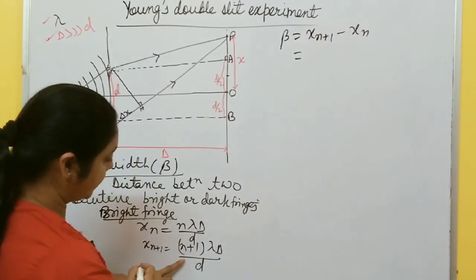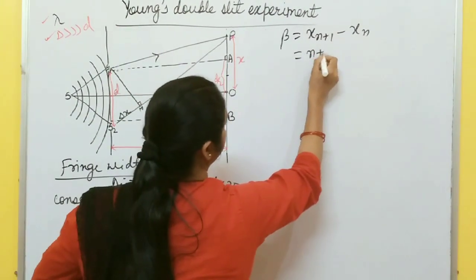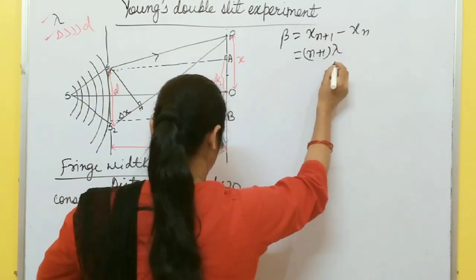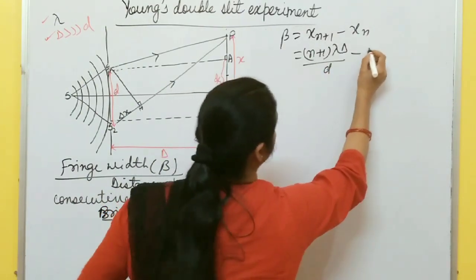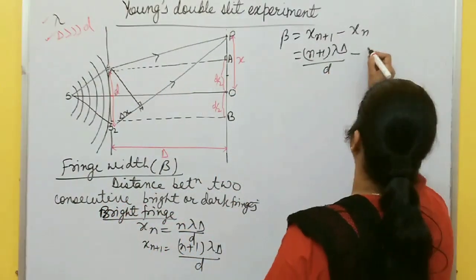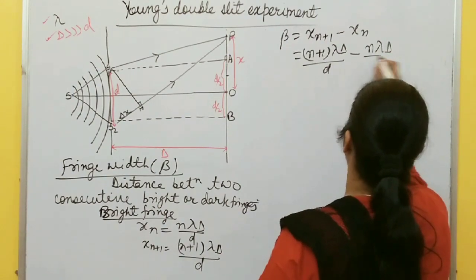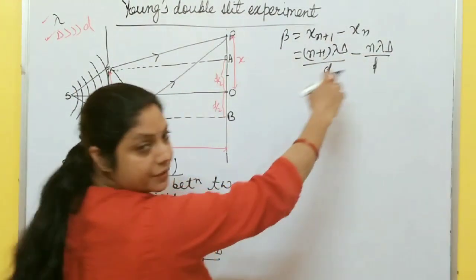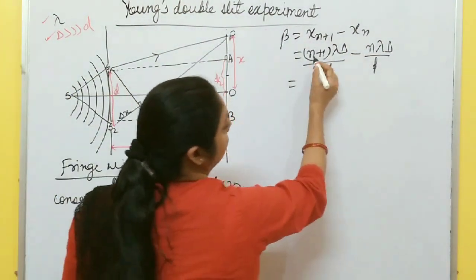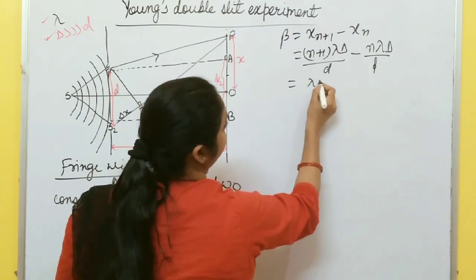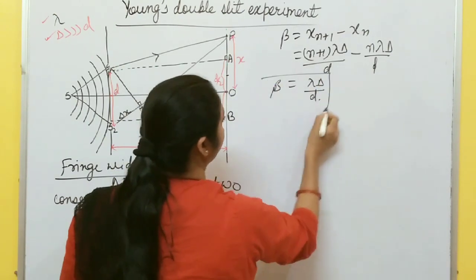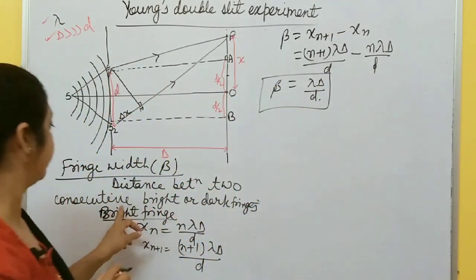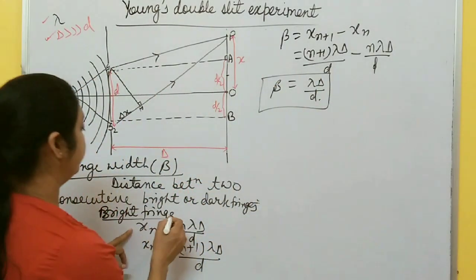You take the difference: (n+1) lambda D by d minus x_n, and x_n is n lambda D by d. You take the difference between these two, n cancels, and you get the expression lambda D by d. This is the fringe width for bright fringes.